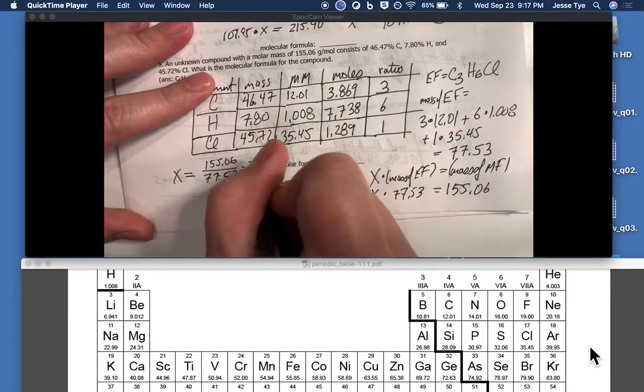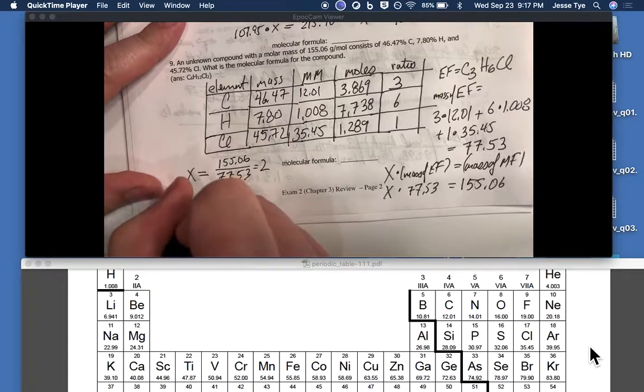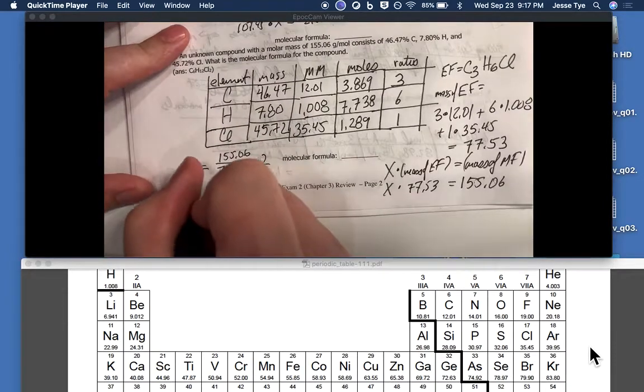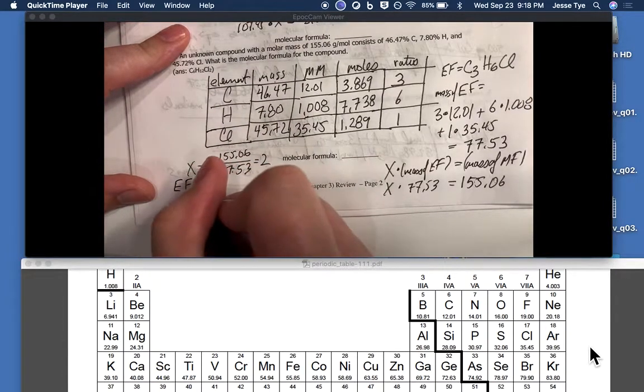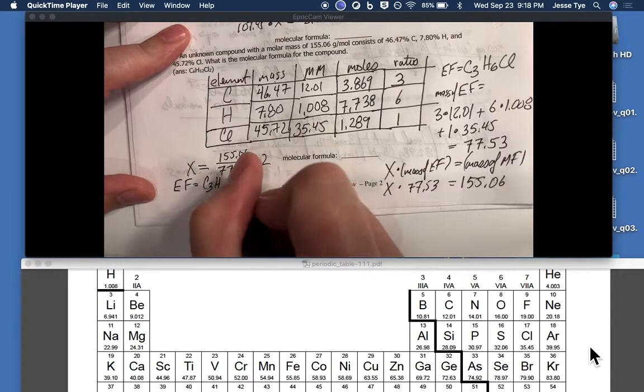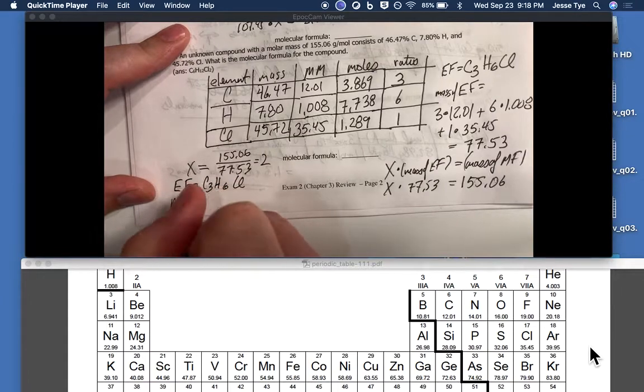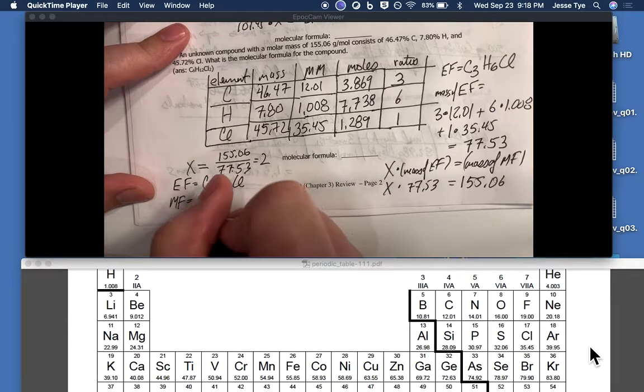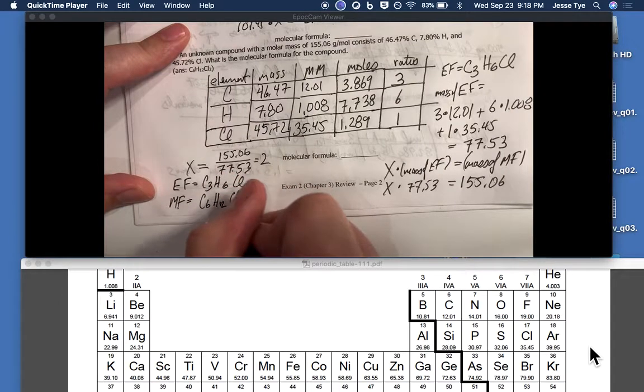Okay, or exactly 2. And so my empirical formula, just rewrite it over here, is C3H6Cl. And my molecular formula is twice as massive, so I need to double all of these. C6H12Cl2.